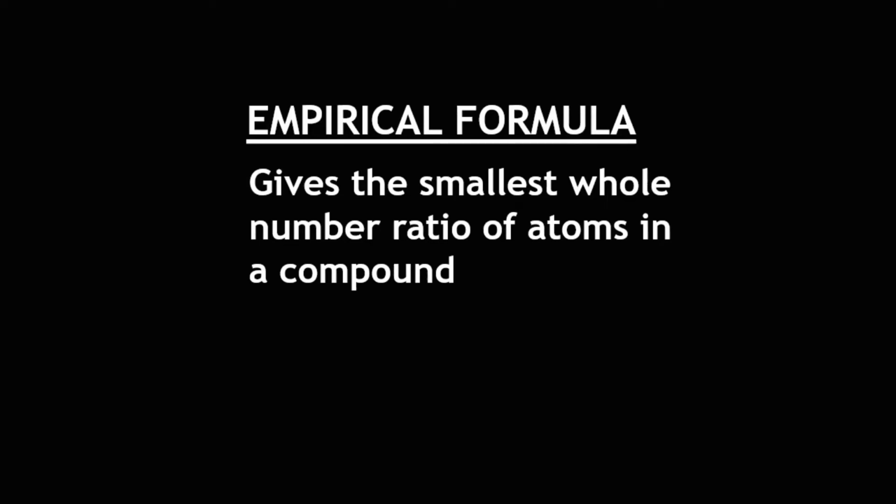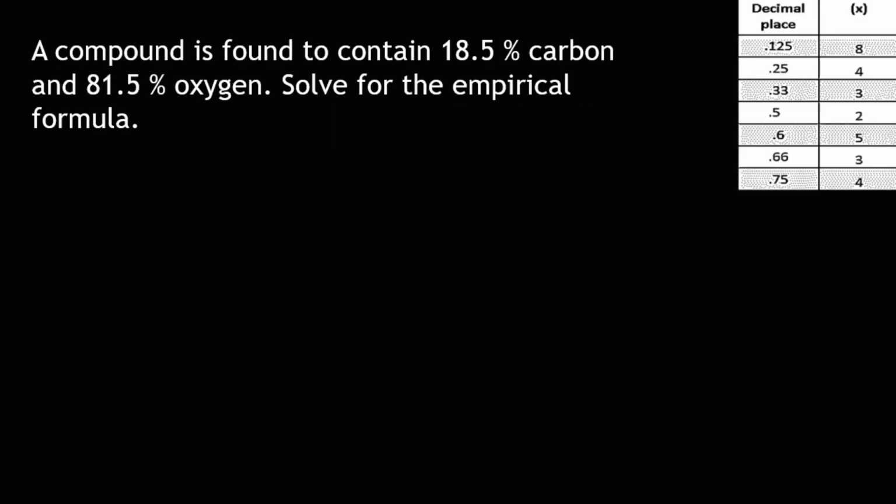So let's have an example. A compound is found to contain 18.5% carbon and 81.5% oxygen. Solve for the empirical formula. Again, we are going to assume a 100 gram sample.